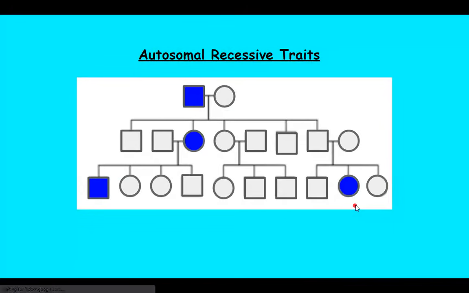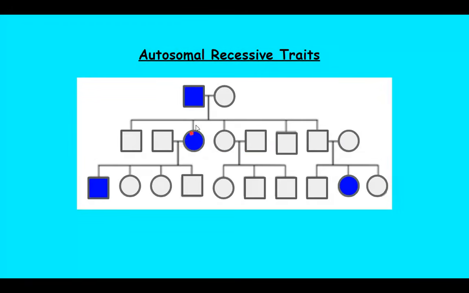Now, if you didn't have these letters, how would you recognize it? You would recognize it because there is no preference for male or female, so it's approximately the same. And you have an affected individual that shows the phenotype, but you don't necessarily have one of the parents show the phenotype.